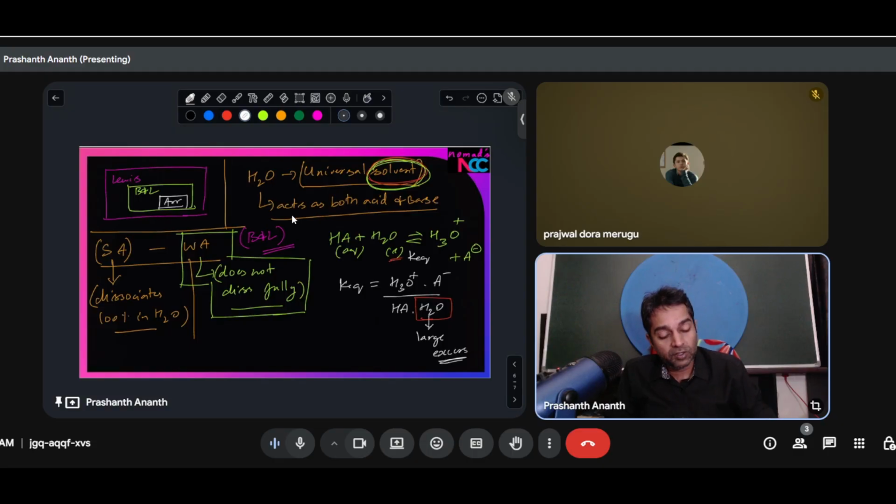So we can then assume that density for this is going to be 1 gram per ml. That means 1 liter of water, if I am taking, I can now calculate the concentration of water associated with this as 1000 by 18, which of course works out as 55.55 bar actually. You're familiar with this already, I suppose, yes?